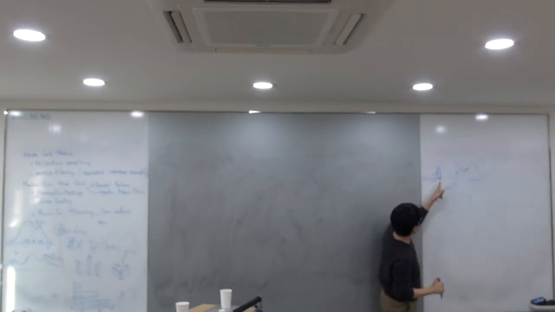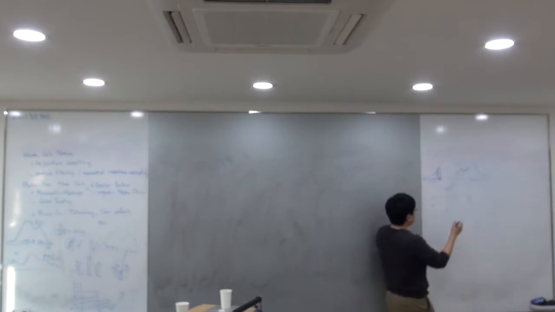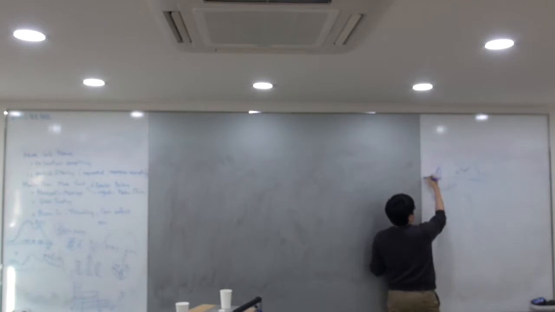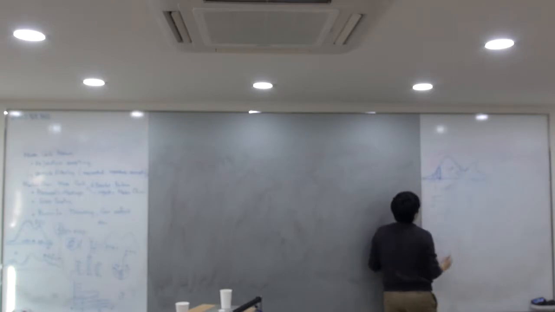You need to know where this is. Let's say this area is 0.1, and up to this area is 0.5, 0.7 or something.